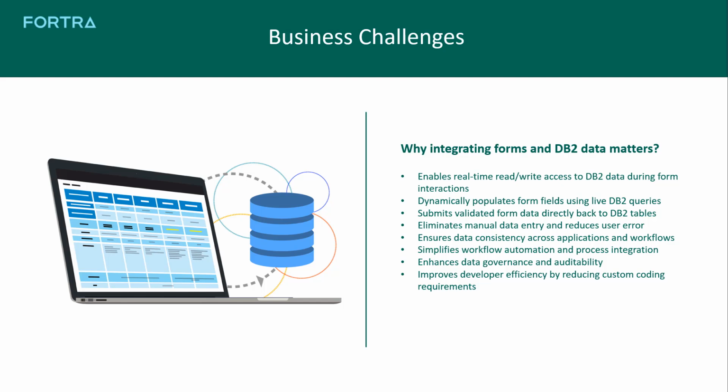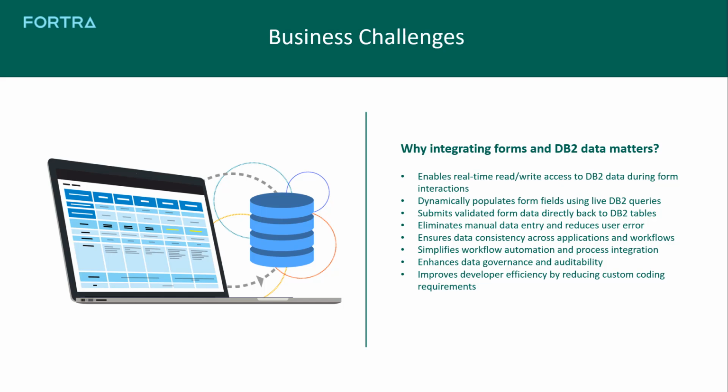So, the no re-entry part. Reduced manual entry. Going off of that direct data write back, you reduce keystroke errors inside of the process, so you can improve the accuracy and user efficiency at that point.